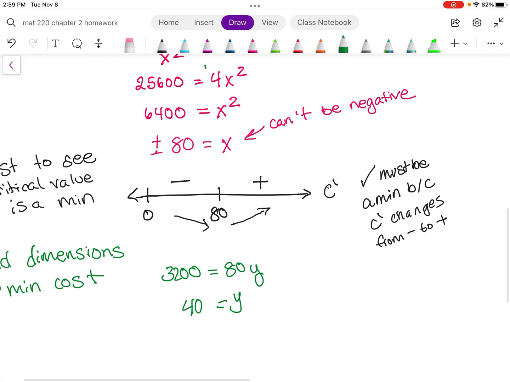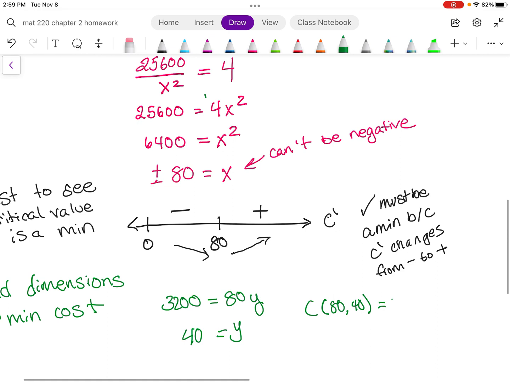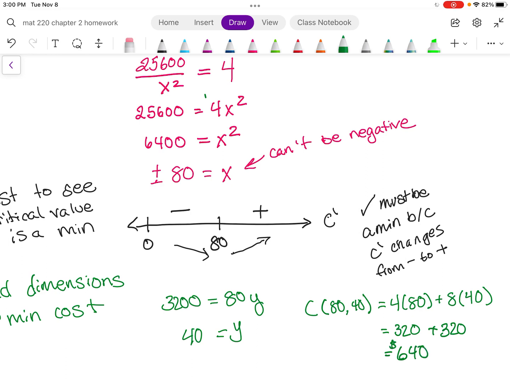So C of 80, and I'm going to do 40. And it was 4 times 80 plus 8 times 40. And I would get 320 plus 320, which would be $640 as the minimum cost.